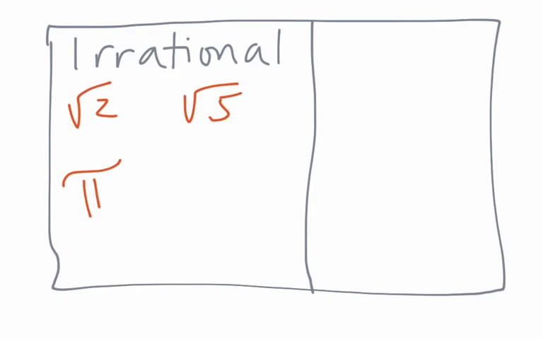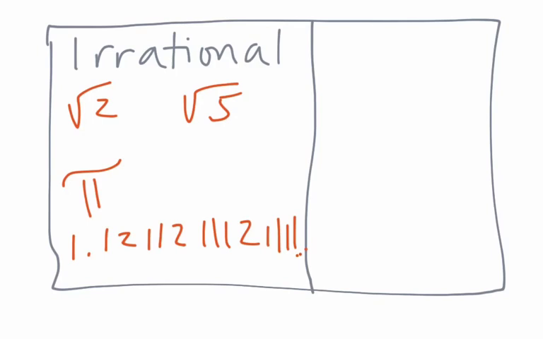But we want to get the idea that there's actually a lot more of these numbers. So I'm going to give you this one number here, 1.1211211121111 and so on. Okay, you get the idea.